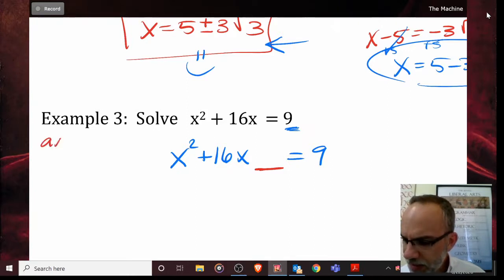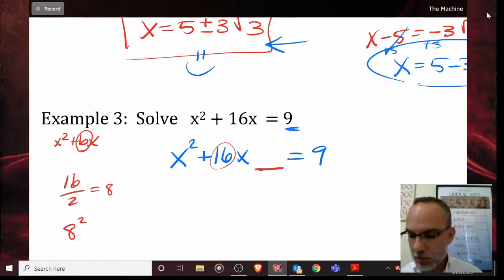Remember ax squared plus bx, right? When a is 1, I'm going to take half of the b value. The b value here is 16. I'm going to take half of 16. What's 16 divided by 2? That's 8. Now take 8 and square it. 64.